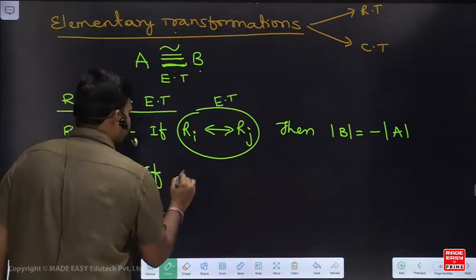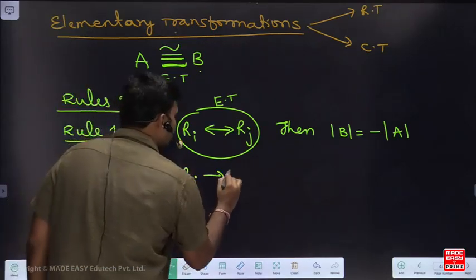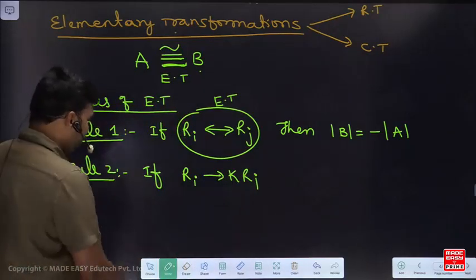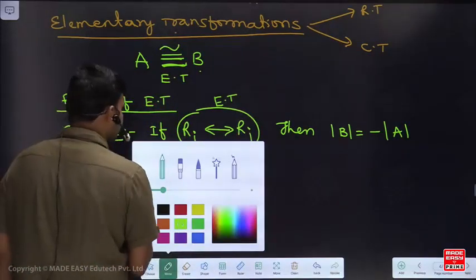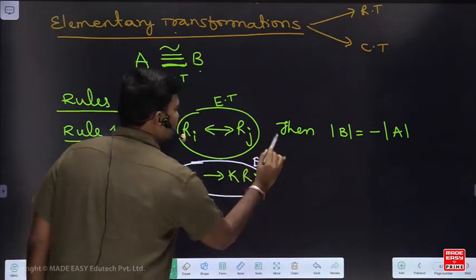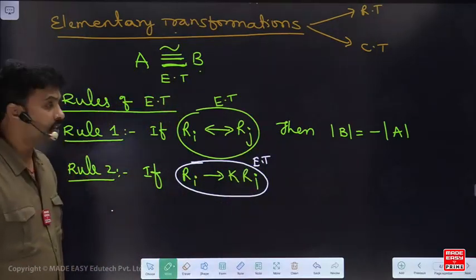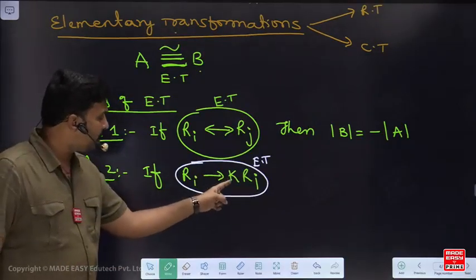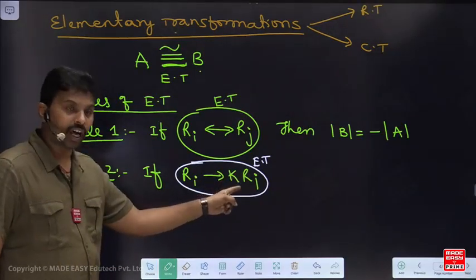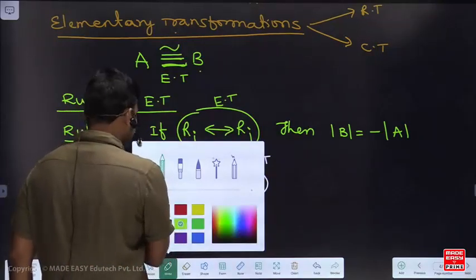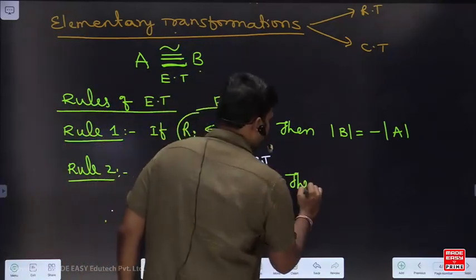In this, if any row is multiplied by a scalar, this is also another elementary transformation. By multiplying any non-zero scalar to any row, what kind of change takes place in the determinant?